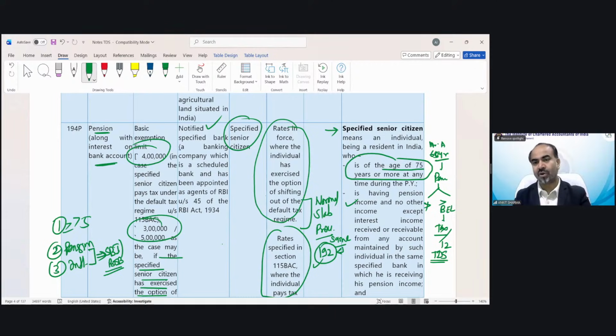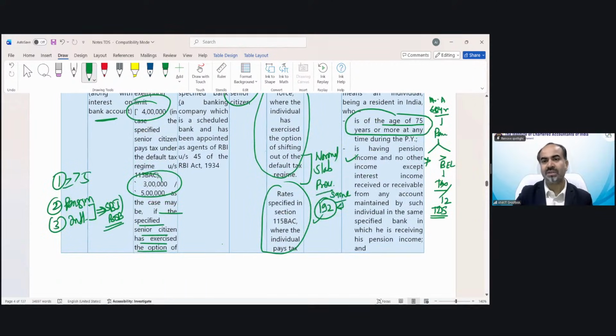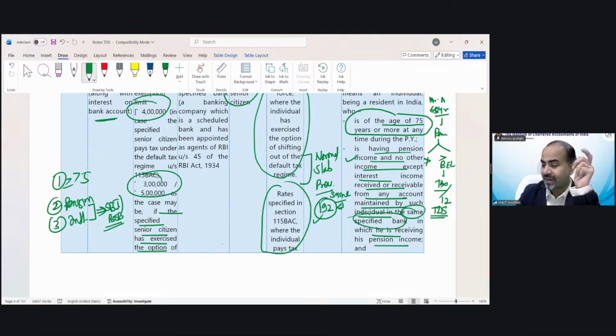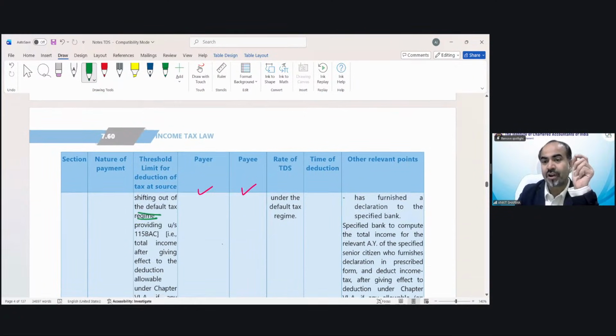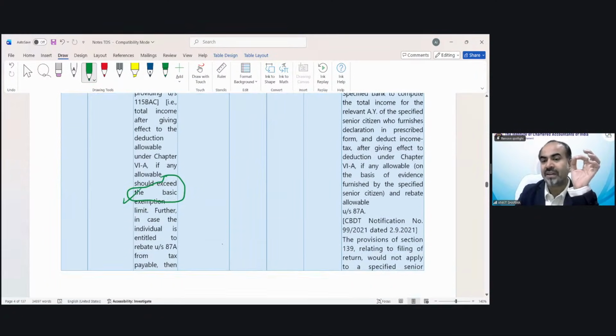So this benefit is only for one purpose: he has only pension income, no other income except interest receivable from any account maintained by such individual in the same specified bank in which he is receiving his pension income. So what is the advantage? The advantage is he does not require to file his income tax return.